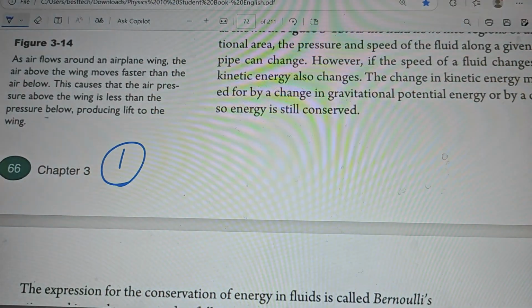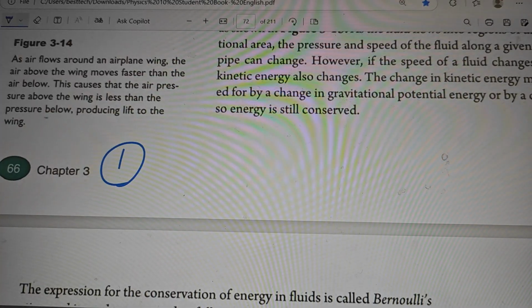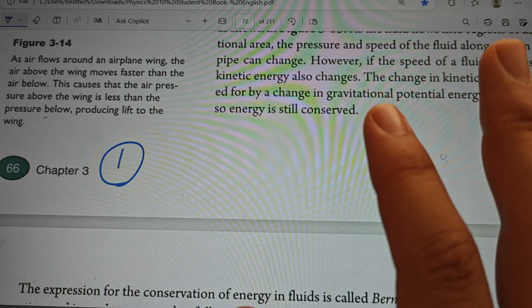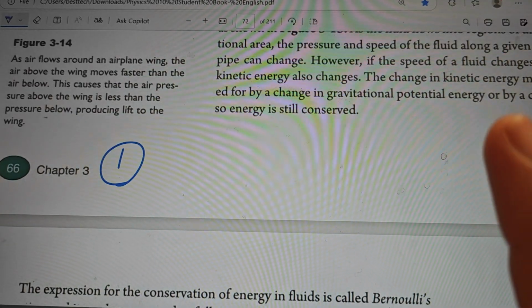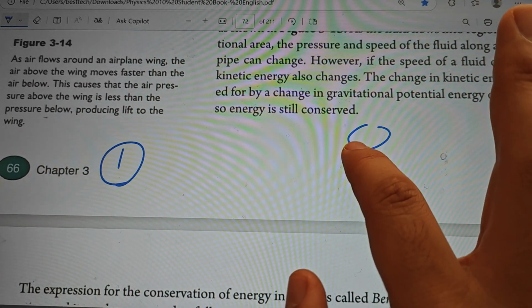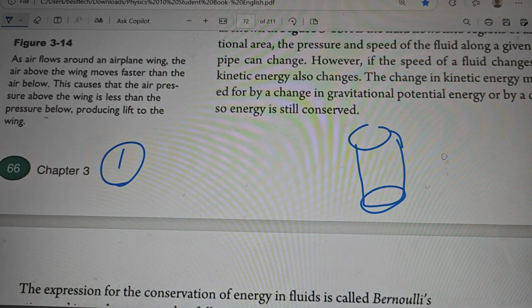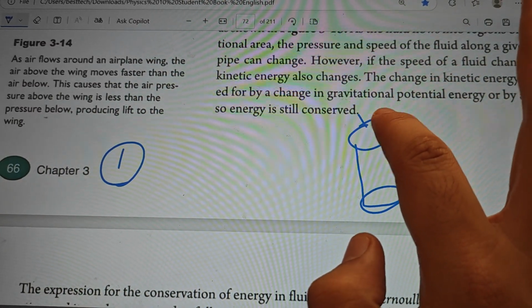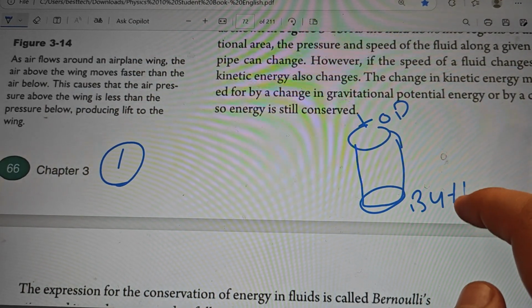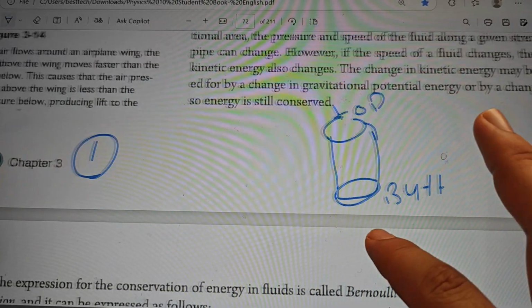First rule: for example, the tank has two sides. This is the top side, and this is the bottom side.